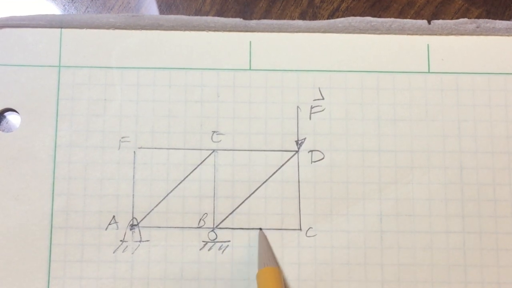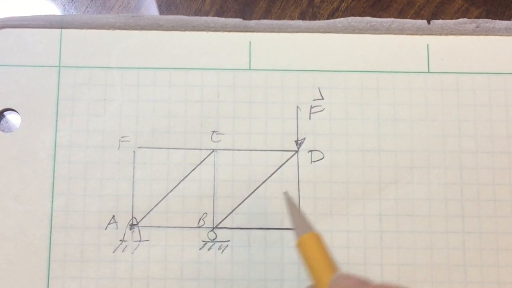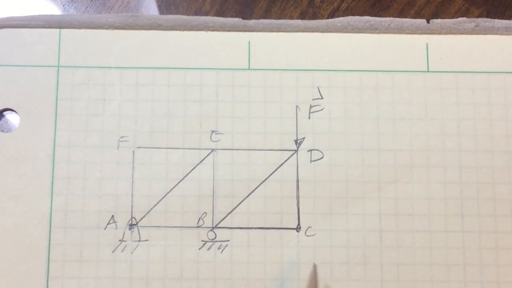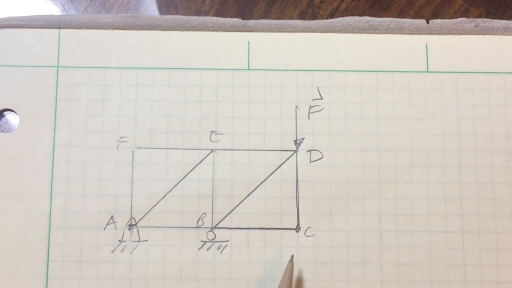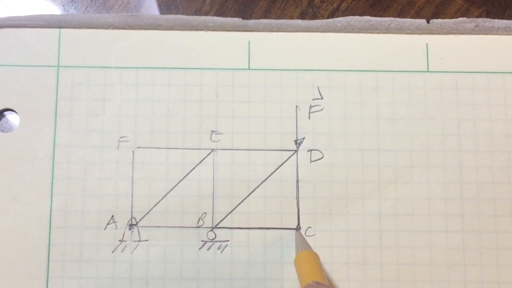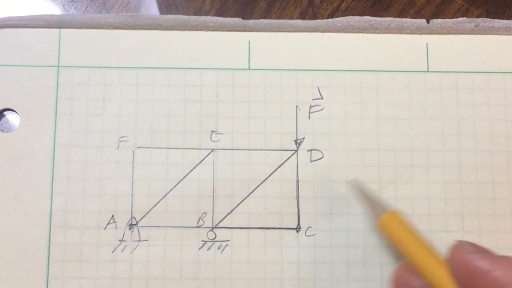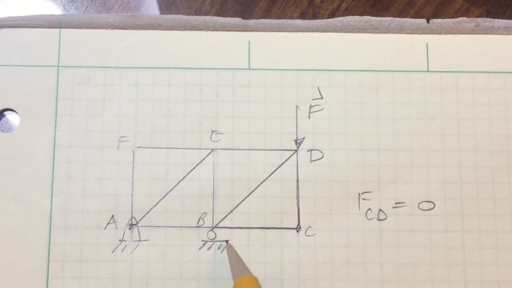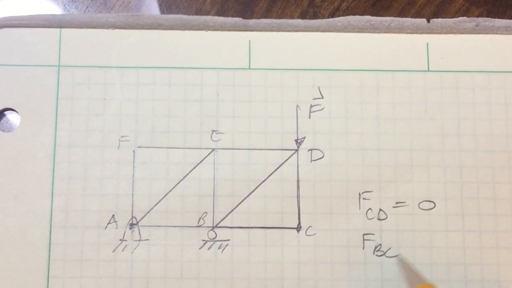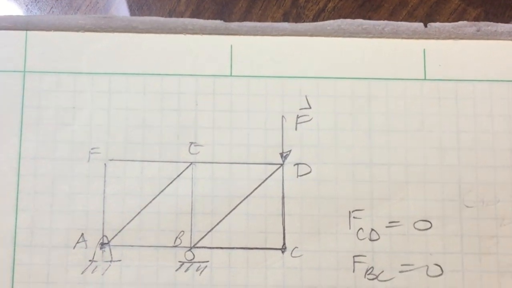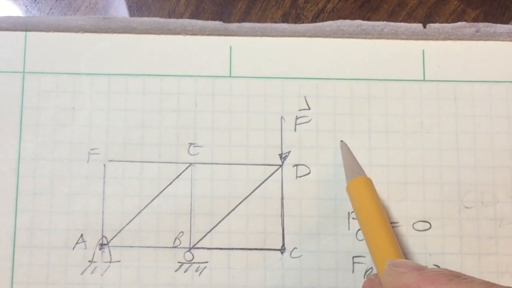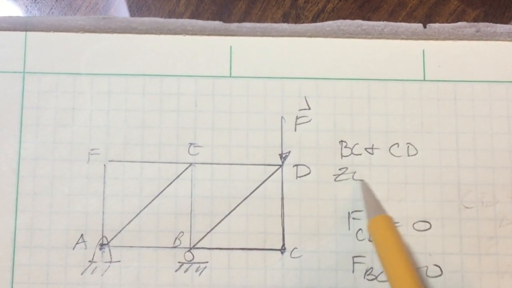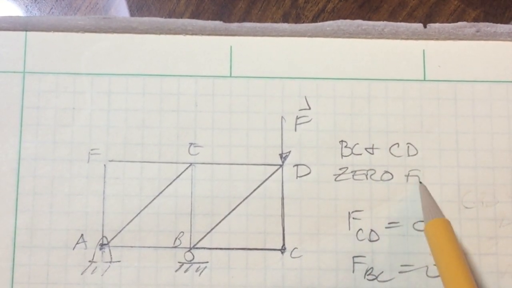So we see that member BC is connected to member CD by a pin. There are no forces being applied at this joint. Therefore, F_CD is equal to 0 and F_BC is equal to 0. Therefore, BC and CD are zero force members.